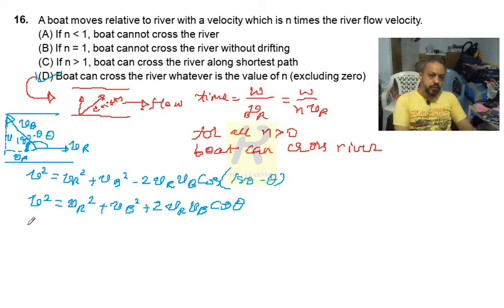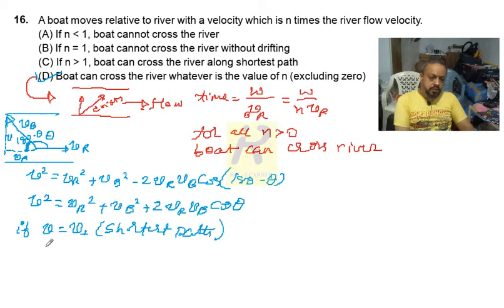And if we assume the boat is crossing along the shortest path, v is equal to v perpendicular. For the shortest path, the resultant velocity should be perpendicular to the river flow.